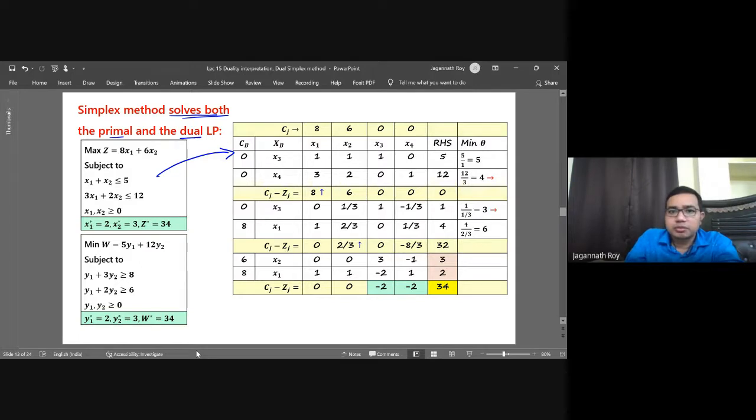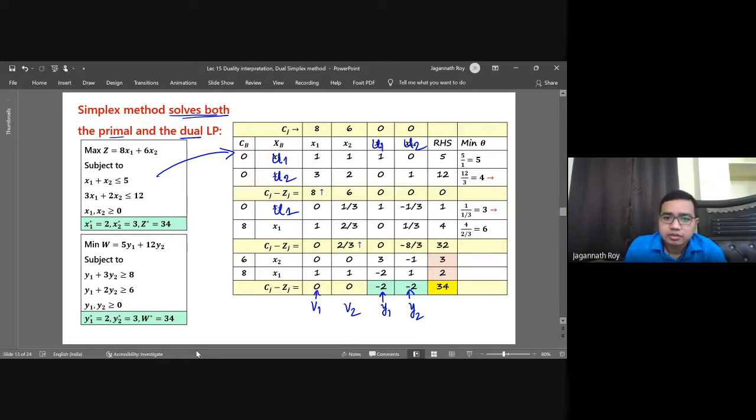For example, if you write u1 and u2, you will note that this actually corresponds to v1, v2, this is y1 and y2. The only difference is we have a negative sign.